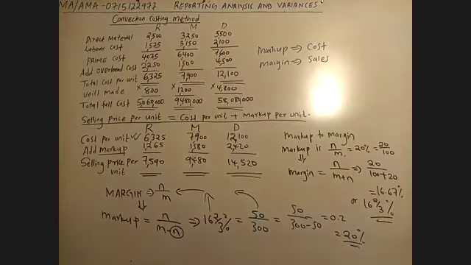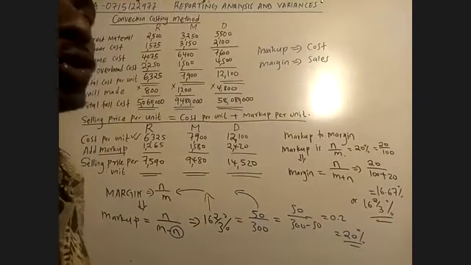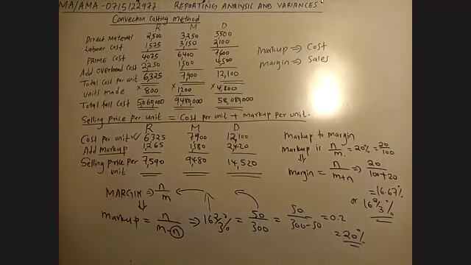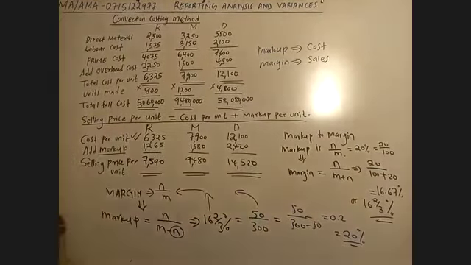So you take the markup, multiply with the cost, and we get the contribution, and that contribution is what we add to the cost per unit. When you multiply margin with the sales, you also get a contribution.